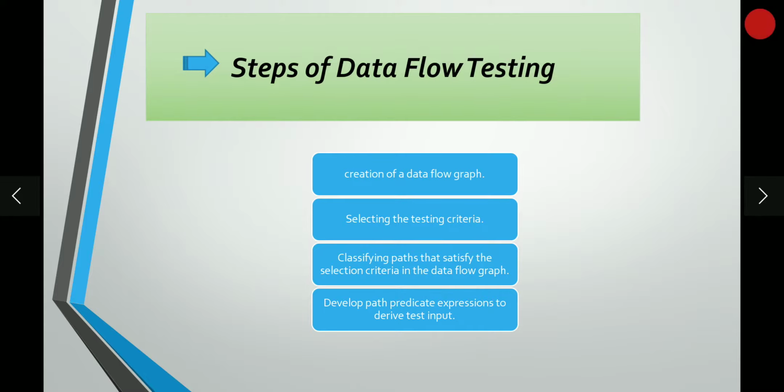According to the condition, the data is classified and goes through different paths. Then develop path predicate expressions to derive test input. According to the path, the input is to be given and the desired output is to be known before testing, to check whether the output is correct or wrong.